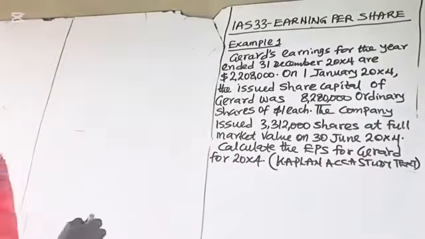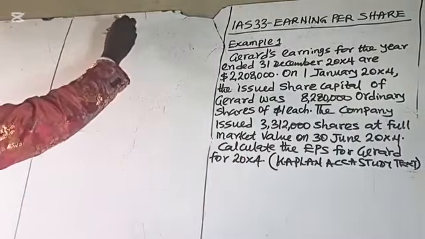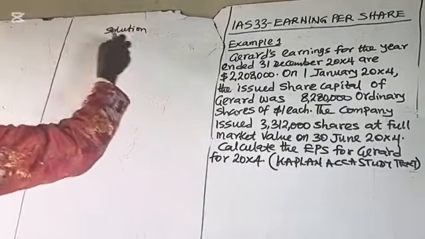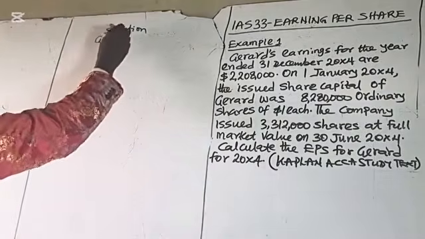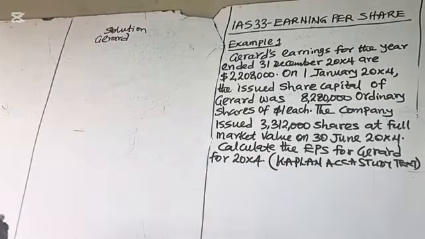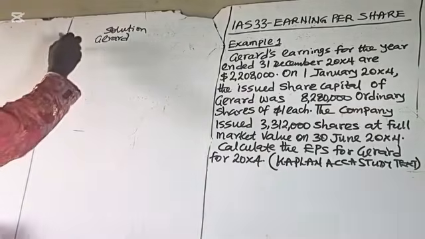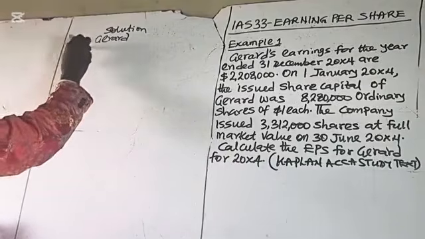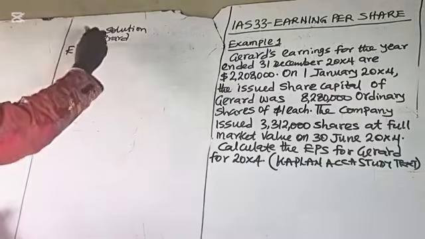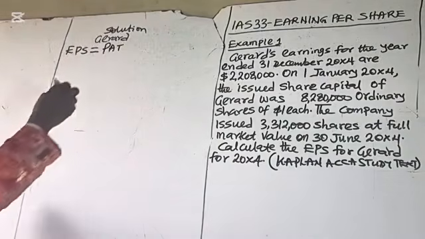Now, solution. The name of the entity is Gerard. So you have to calculate the EPS for Gerard for 20x4. Calculation of earnings per share. We say EPS is profit after tax, that is profit attributable to equity shareholders, over weighted average number of ordinary shares in issue.